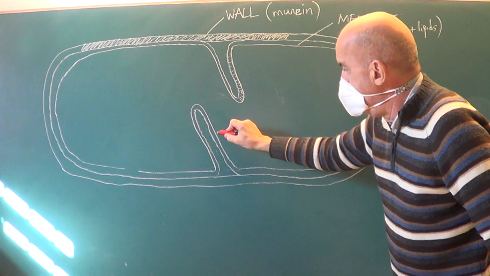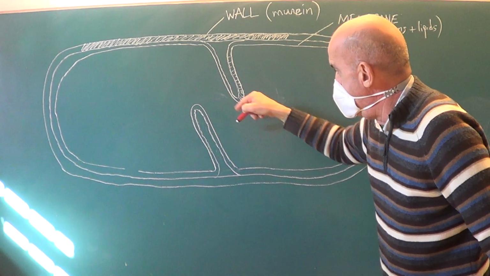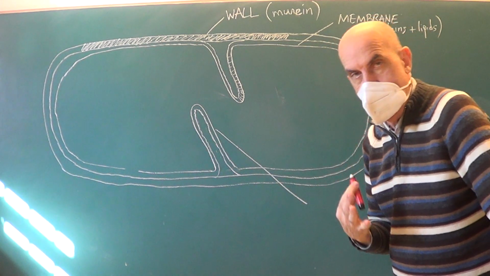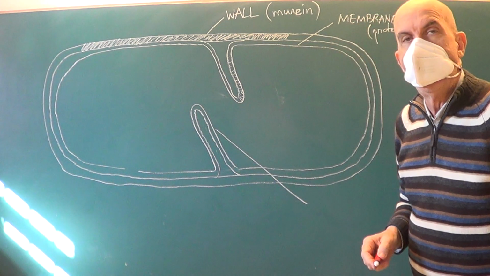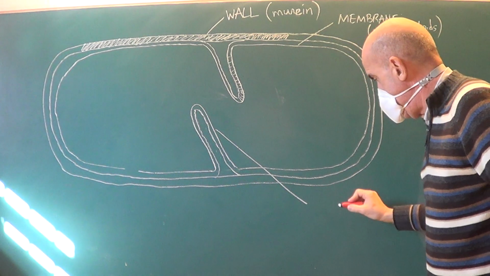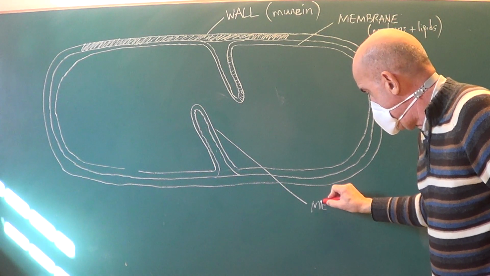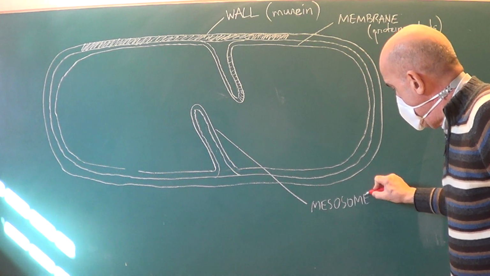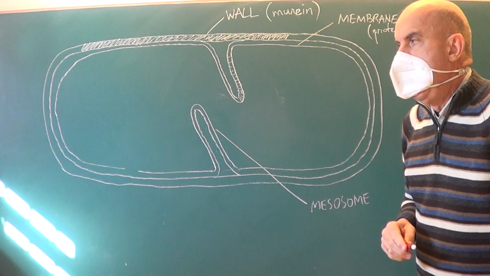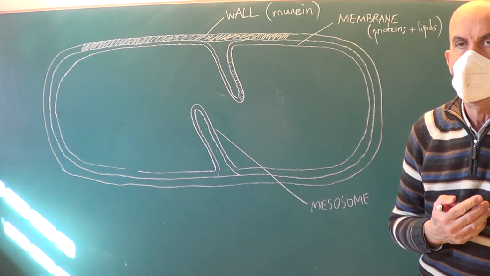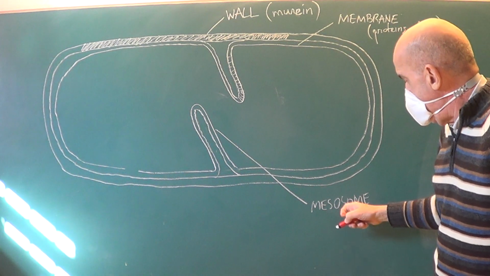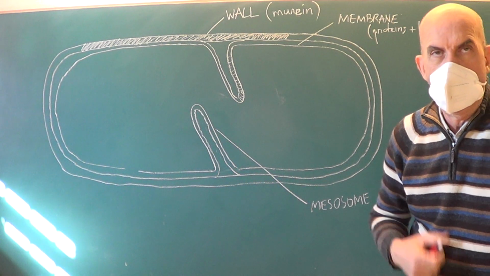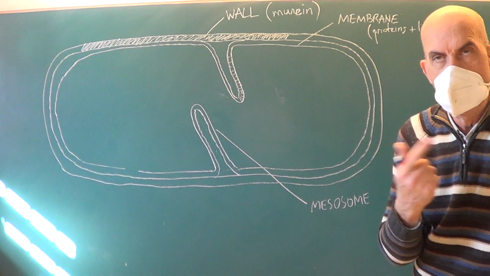And this fold, in fact there are two of them here, the fold or plug is called mesosome. We'll find quite a few names ending with this termination: chromosome, ribosome, mesosome.